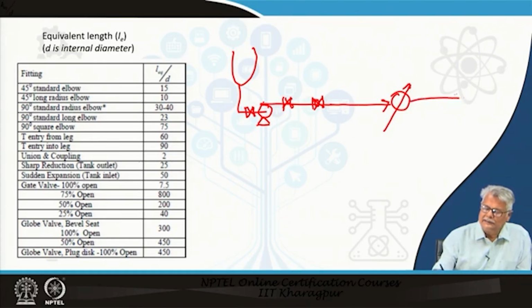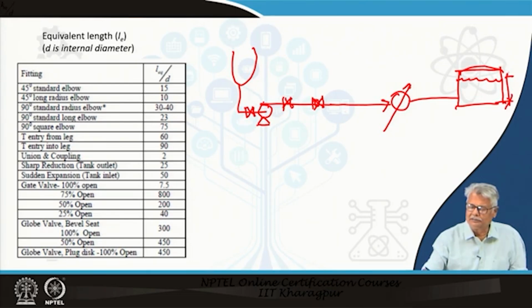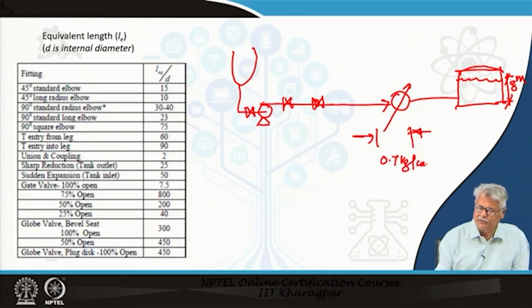Then I send it to a tank gauge. So this is typically the system. The maximum level of the tank, which is called the safe filling height, will be typically something around say 8 meters. The pressure drop across an exchanger will be of the order of 0.7 kg per cm square.